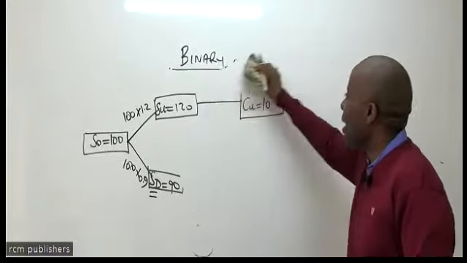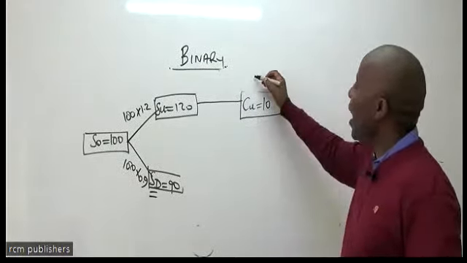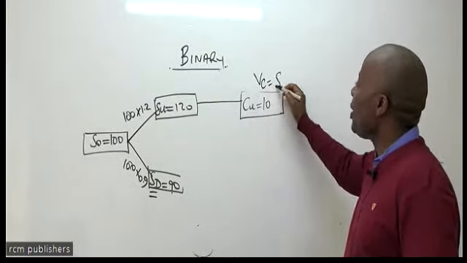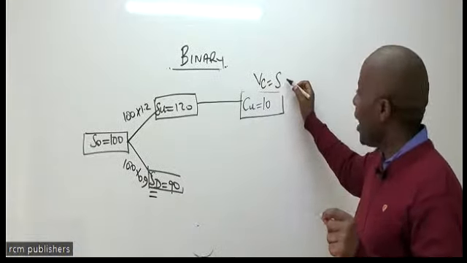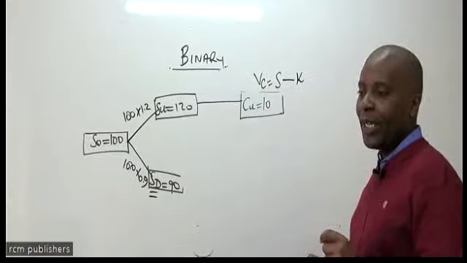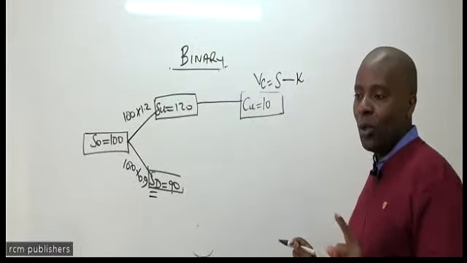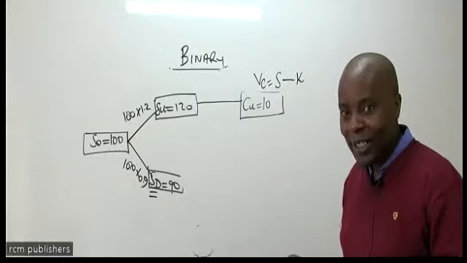When it comes to binary options, when you want to get the value of an option, you take the stock price and subtract K, and ensure that it is always profitable. With options, you can never get a loss.